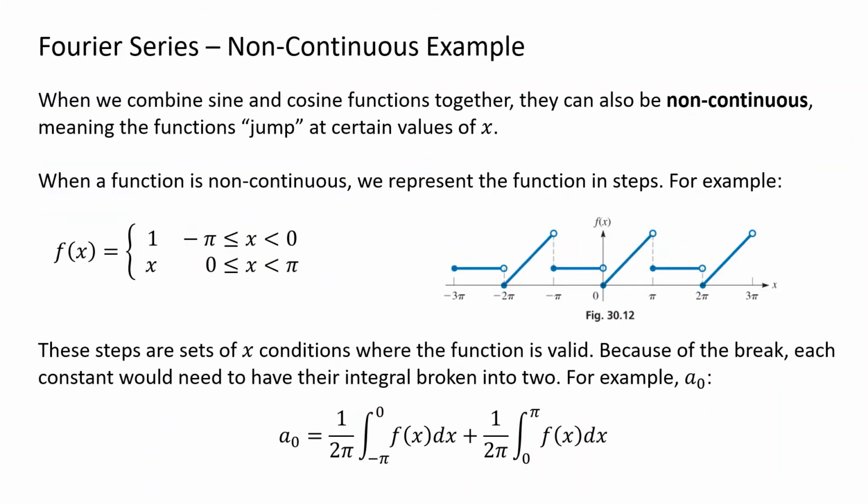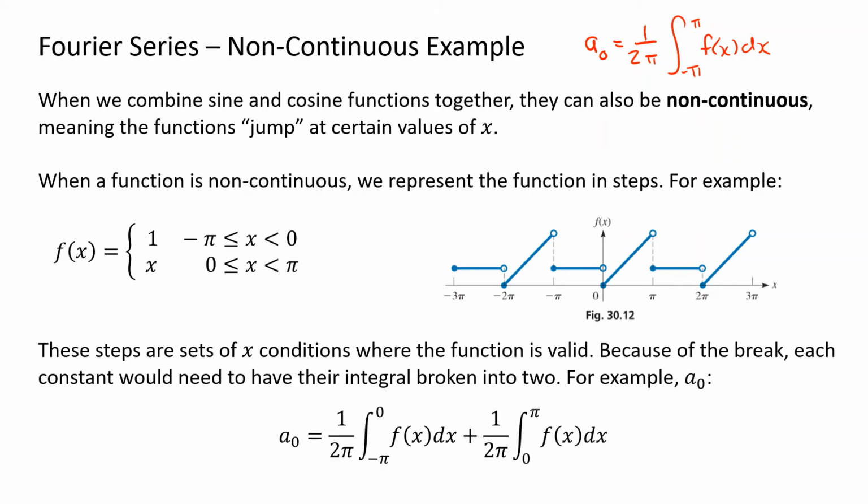So like I said, we saw functions that may not be continuous. So our constant calculation, let's start with a0, was 1 over 2 pi times the integral from negative pi to pi of f of x dx, whatever that function is.